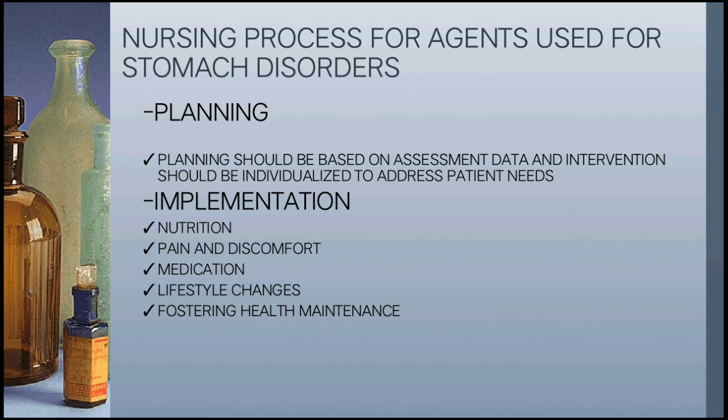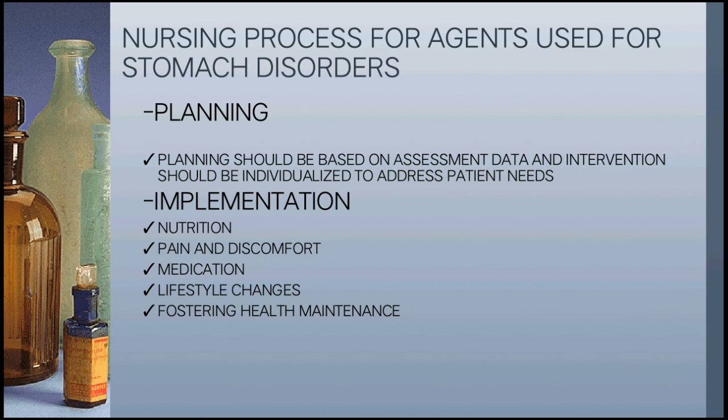Another step of the nursing process is the implementation. The first one is nutrition. We need to implement the prescribed dietary changes: eat healthy, and eat small, more frequent meals to support optimal energy requirements and healing. Avoid eating junk foods and other unhealthy foods.